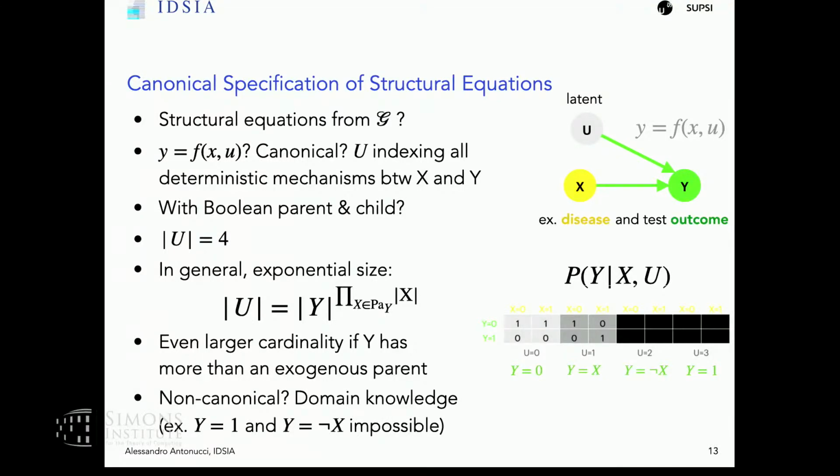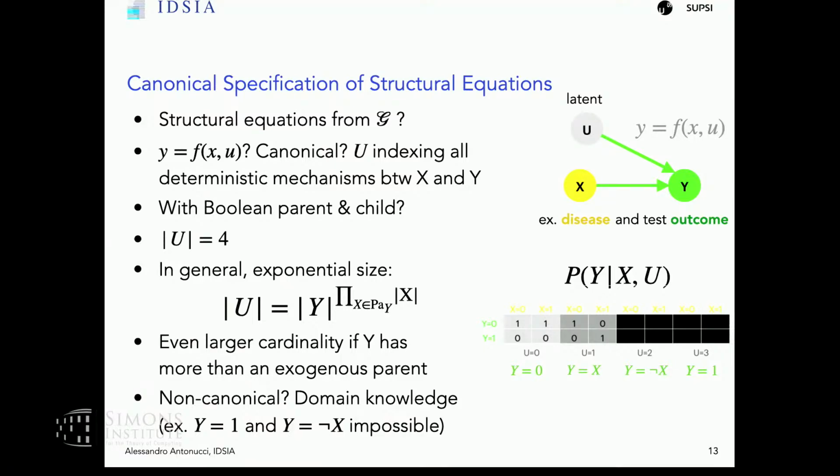Let's say this is a disease, say COVID, and this is a COVID test. And let's say that for some reason, a test that always tells you that you have COVID doesn't make sense. Maybe the test is broken, and it always says that you don't have COVID, but this one makes no sense for some reason. Or there is the perfect test. And there is the anti-perfect test, always telling you that if you're sick, you're not, and if you're not sick, you're sick. Maybe it makes no sense. So let's discard these 2 states. So we don't need 4 states, we need 2.